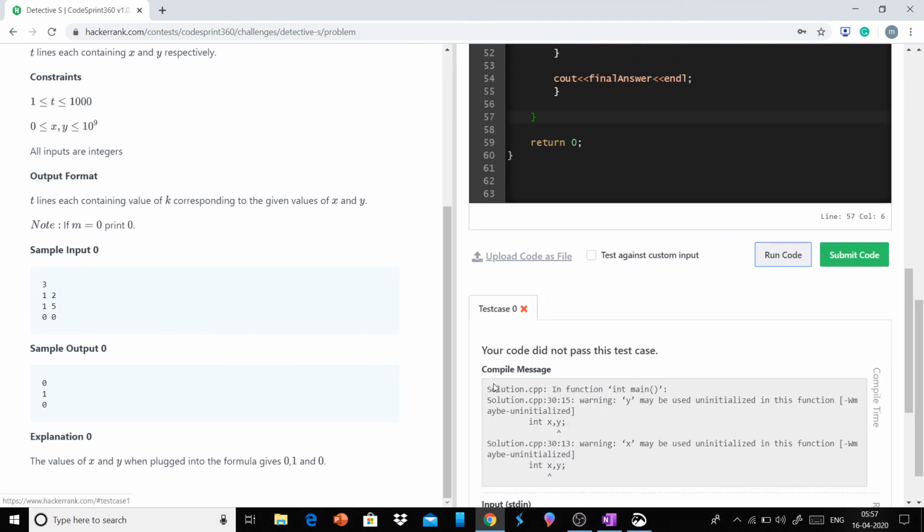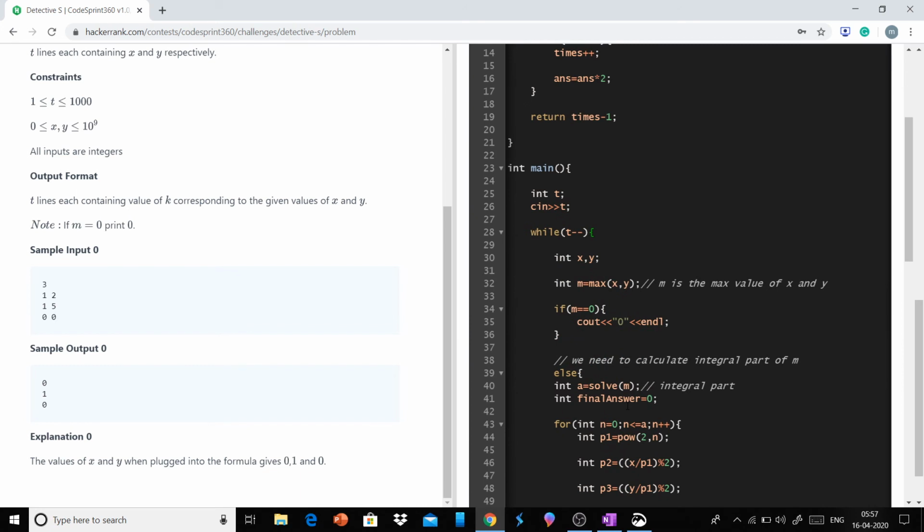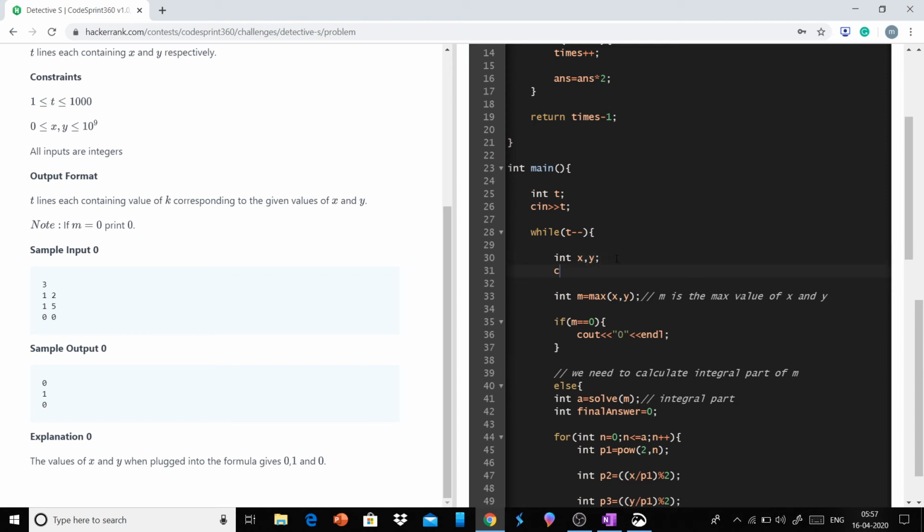So I'm getting a wrong answer. Why, maybe uninitialized? Let me see what the problem is. I have declared it. What's the problem? Okay, I haven't taken them as input. I have to take x and y as input.